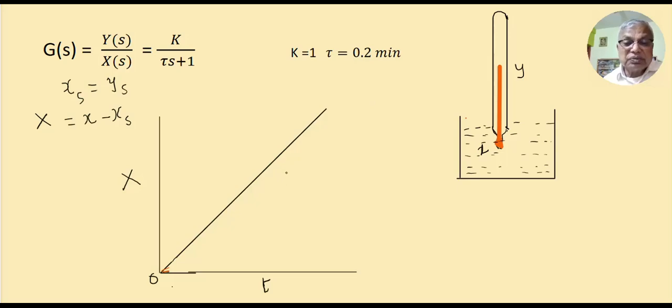And this is the rate of change. This rate of change is the slope. This is m. We call it 1 degree per minute. So it is changing at a rate of 1 degree per minute. So how do you write the input equation?